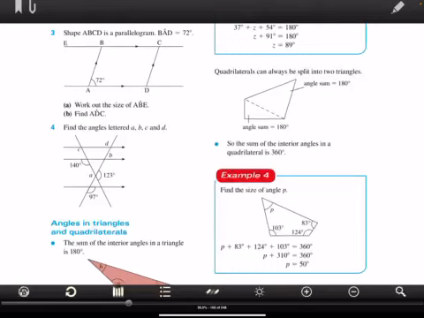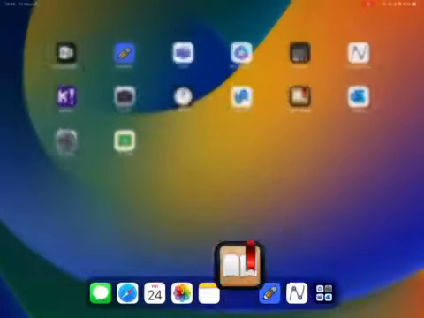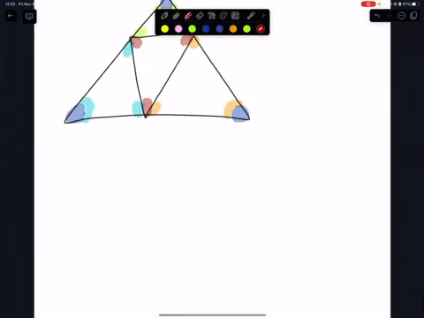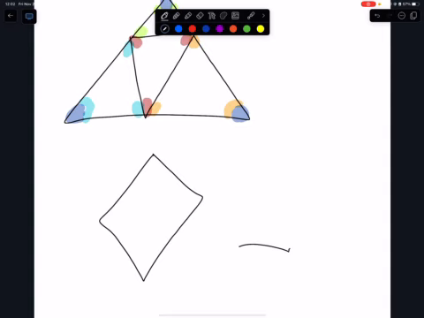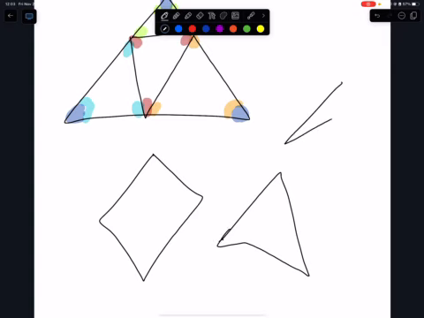Quadrilaterals. These quadrilaterals are any shape that has 4 points. That's a quadrilateral. That's a quadrilateral. Everything that has 4 points. 4.